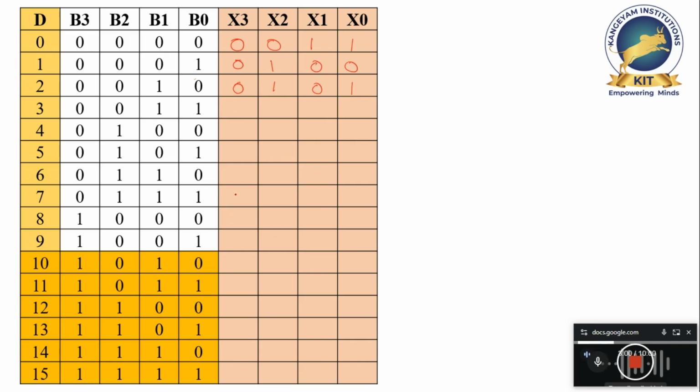So what happens to 7? Okay, up to 6 we can see. 6 plus 3, we will be getting 9, which is 1 0 0 1. What about 7? 7 plus 3 is 10, right? So here you can represent 10, because this is XS3 code. XS3 code can have numbers beyond 9, but BCD is our input, so we cannot consider BCD input beyond 9.